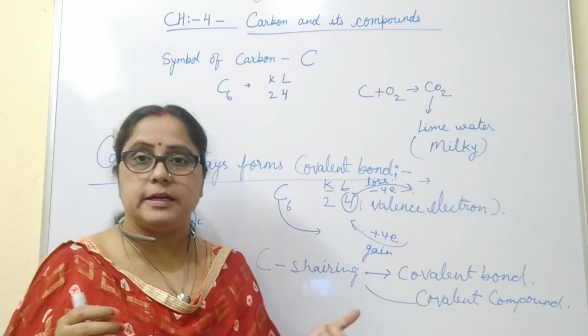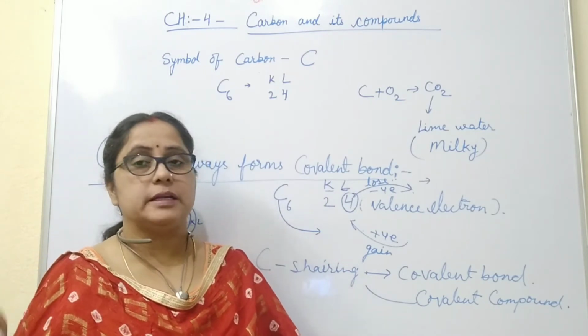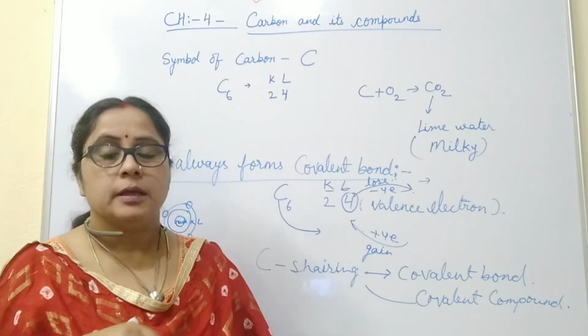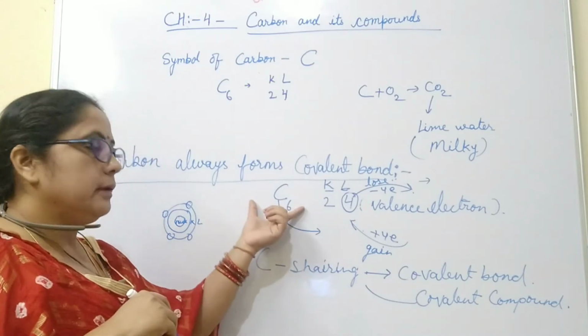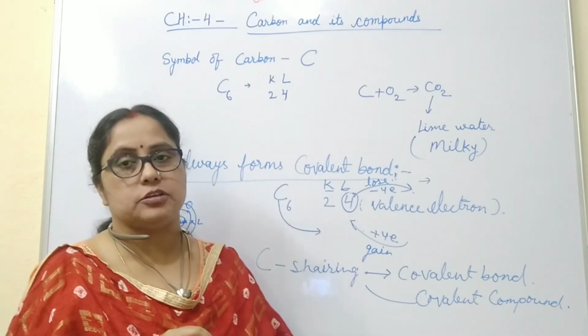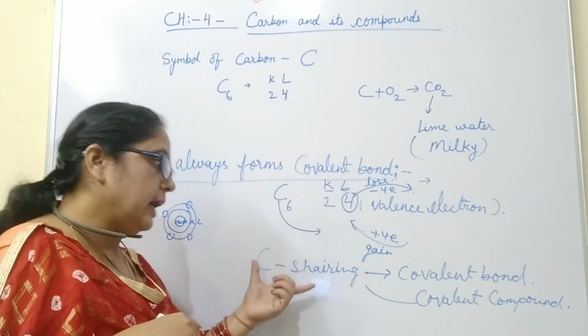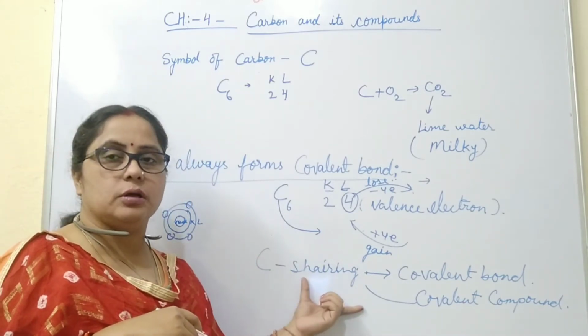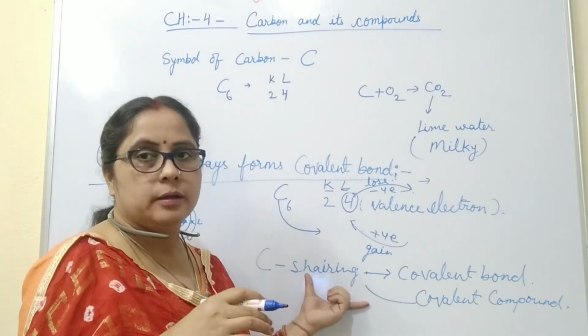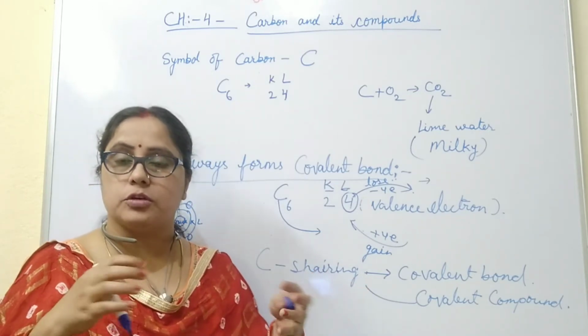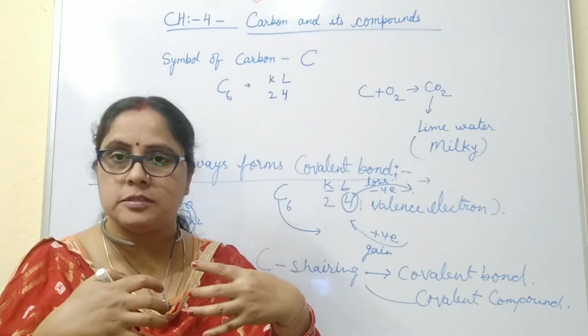Now, these two possibilities are not possible. Then how does it combine with other elements? Carbon achieves the inert gas electronic configuration by sharing of electrons. And when carbon shares its electrons, what is the bond formed? That is the force of attraction between the two atoms.